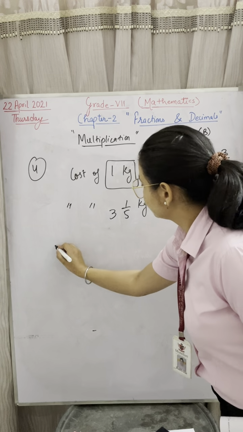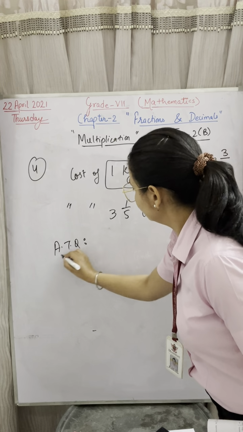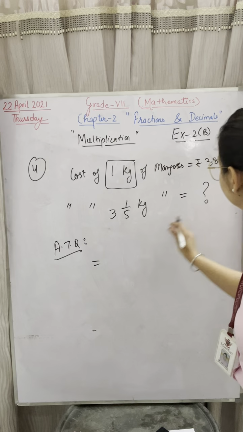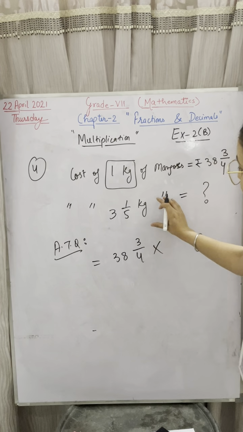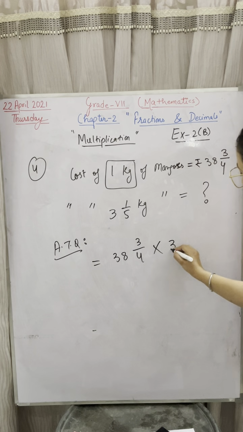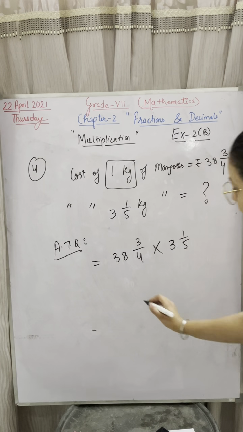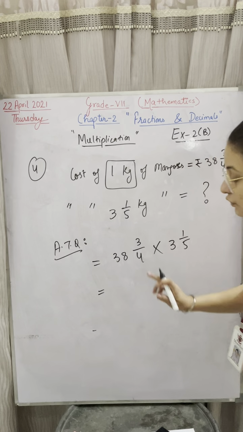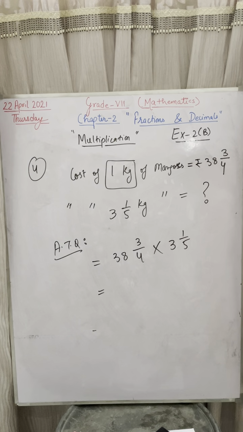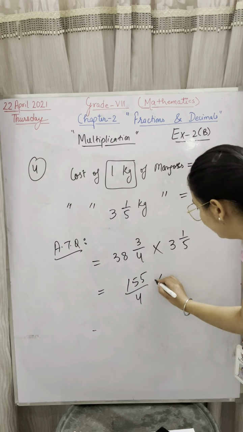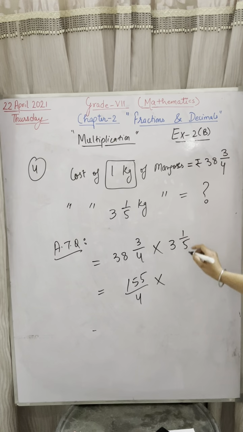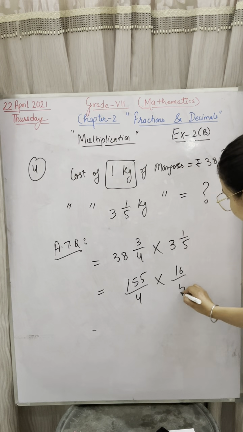Now according to the question, the cost is 38 3/4. You have to multiply with these many kg, 3 1/5. Now multiply 38 into 4, how much? 152 plus 3, how much? 155 divided by 4, multiplied by 5 3s are 15 plus 1, 16 upon 5.